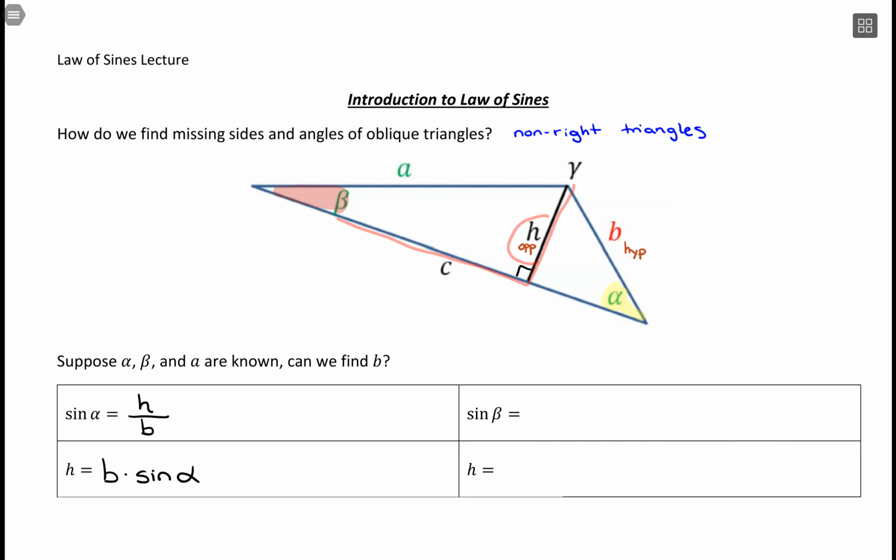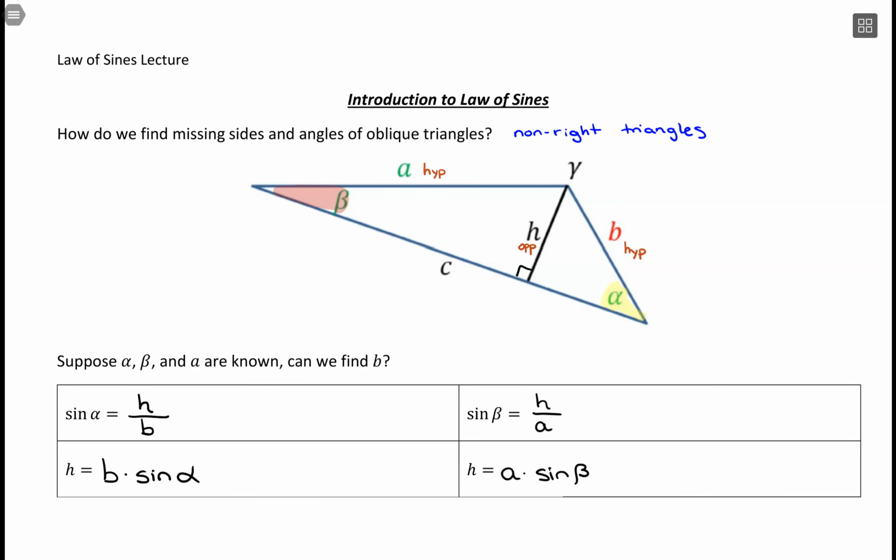With that, H would be opposite again, but now my hypotenuse would be that long side length of A. So sine of beta is the opposite H divided by the hypotenuse, the side length A. Again, I'm going to solve that for H, multiplying both sides by A, so that's A times sine of beta.